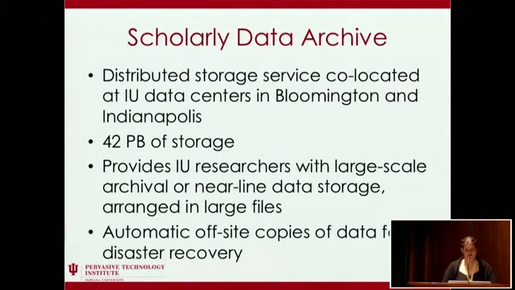Another option for service is the Scholarly Data Archive, and this will also be a 3-for-1 deal. It's co-located, and therefore you get 2 copies per one. 42 petabytes of storage, and yeah, so this is for large-scale data archives.